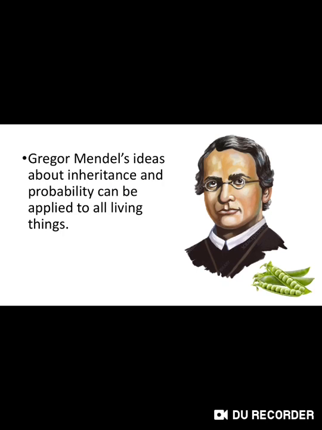Gregor Mendel's ideas about inheritance and probability can be applied to all living things. As you can remember from chapter 7, lesson 1, Gregor Mendel, who was a monk, did and quantified experiments with peas when he was in charge of tending the garden.